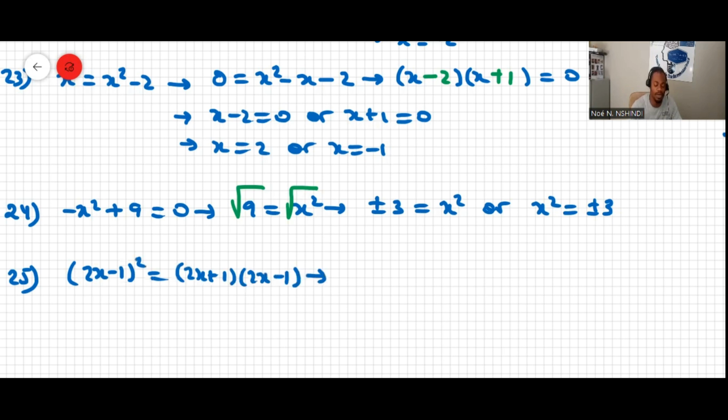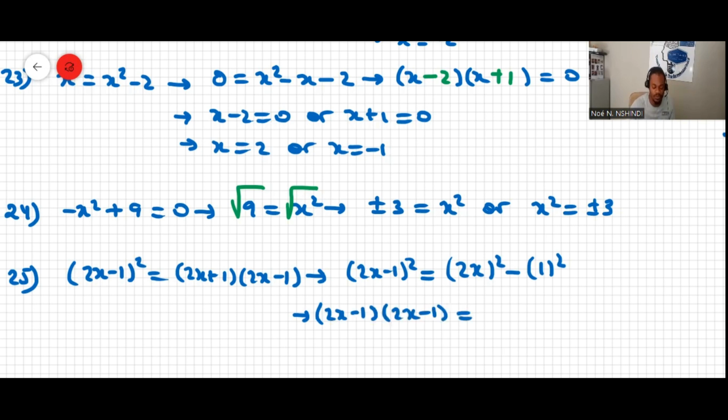Over here, we can apply difference of two squares property. 2x plus 1 and 2x minus 1 will make 2x squared and then minus 1 squared, like that. So this will be 2x minus 1, 2x minus 1 equal to 4x squared minus 1.